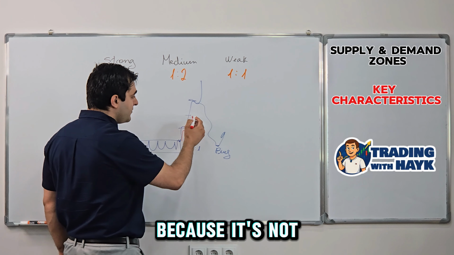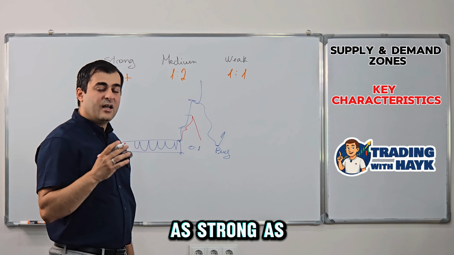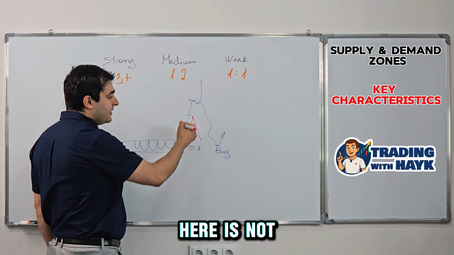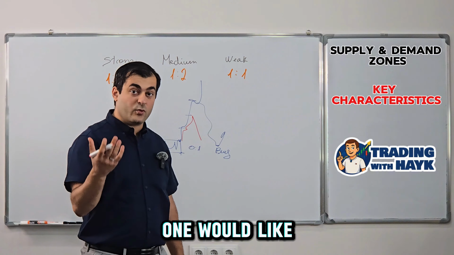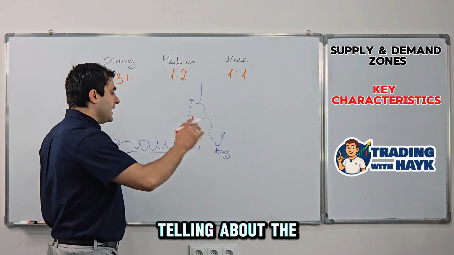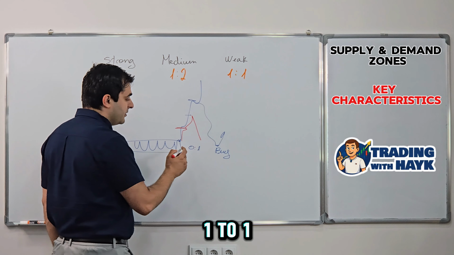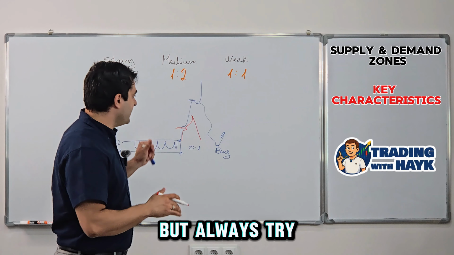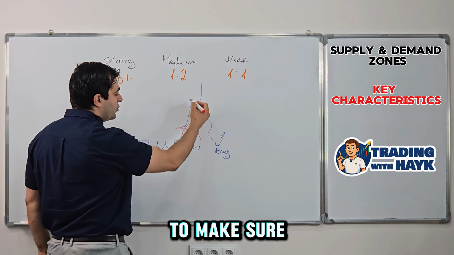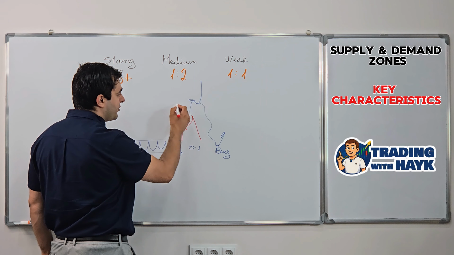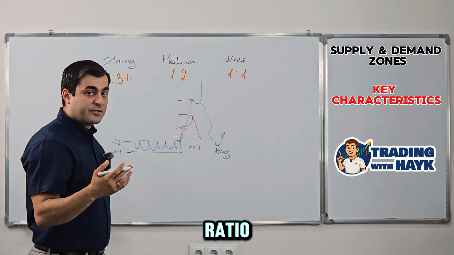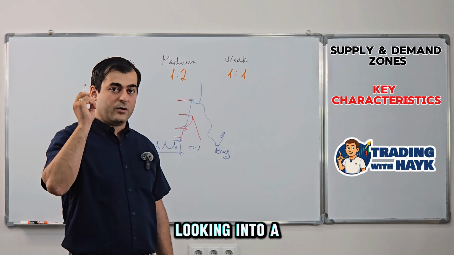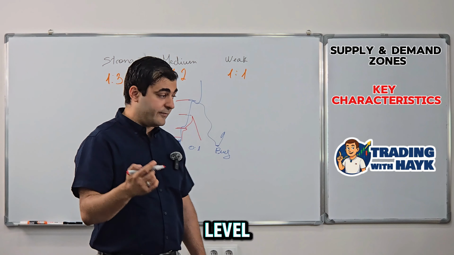Because it's not as strong as I would love to see, and the imbalance here is not as big as one would like. And I'm not talking about the 1-to-1. If it's 1-to-1, you never mind even looking at it, but always try to make sure that you get a 1-to-3 risk ratio. That's the golden and most important thing when you are looking into a demand or supply level.